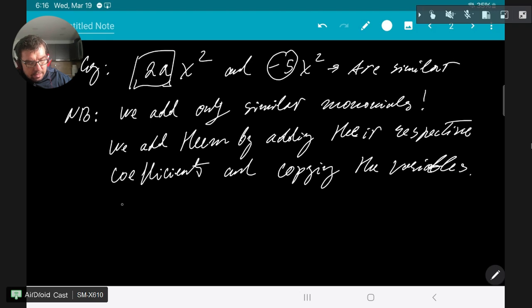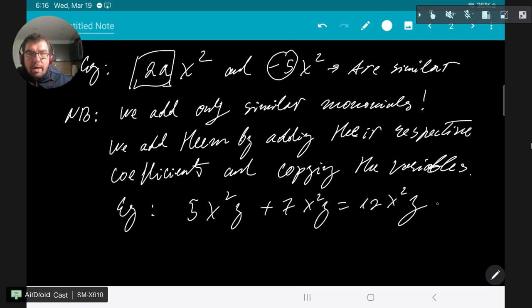Okay, so for example, it's very simple. If I have 5x squared y plus 7x squared y, this will become 12x squared y, okay? I just add the 7 and the 5 together, which is again the distributive property of numbers. The common factors can be taken outside of brackets, right?